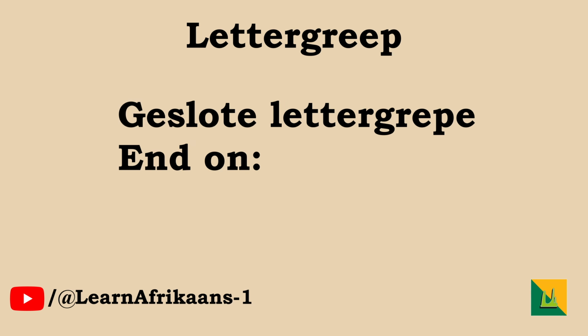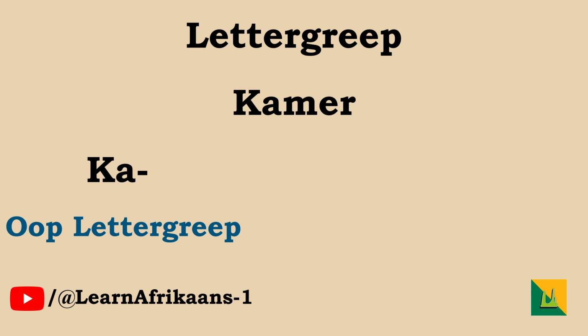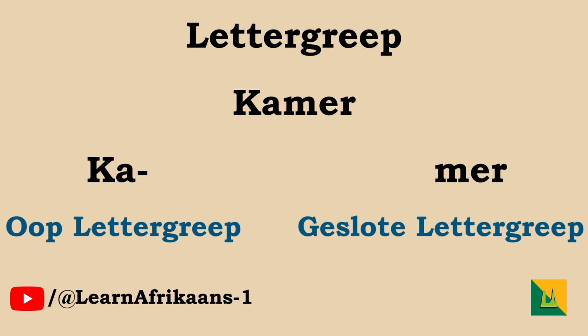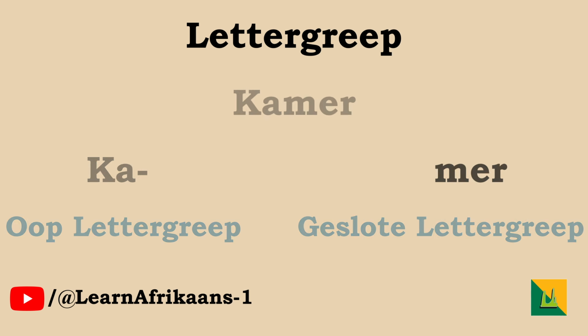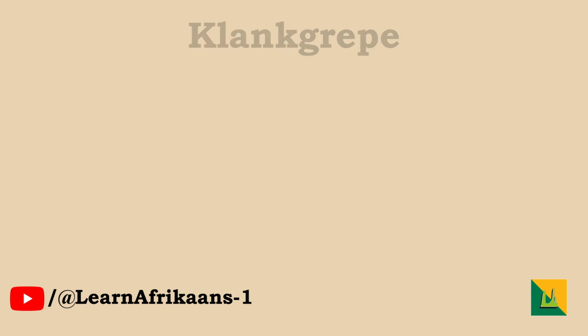Geslote lettergrepe end on a Konsonante. Look again at the example of kamer. Ka is a oop lettergreep. Mer is a geslote lettergreep. In order to test your ability with lettergrepe, please visit our Patreon for the worksheets.